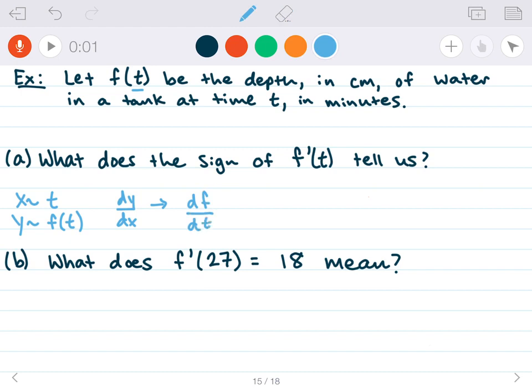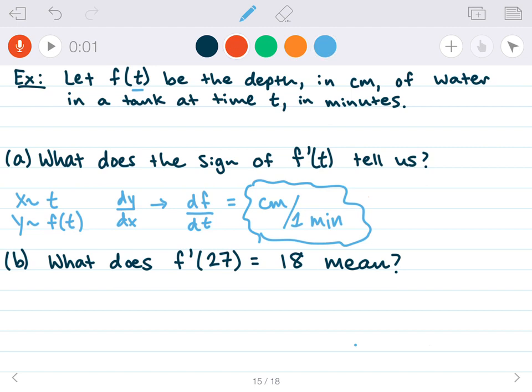What are the units? They tell us that the units of F of t are centimeters and the units of t are minutes. So this is going to be centimeters per minute. That is going to be my rate here. So this is my derivative, dy dt, F prime of t, same thing.